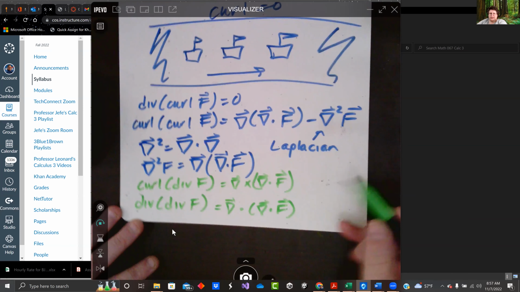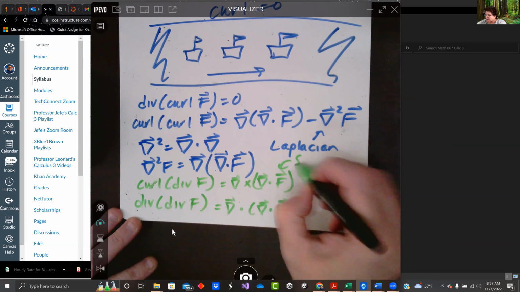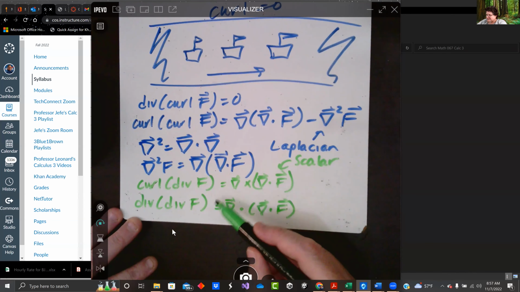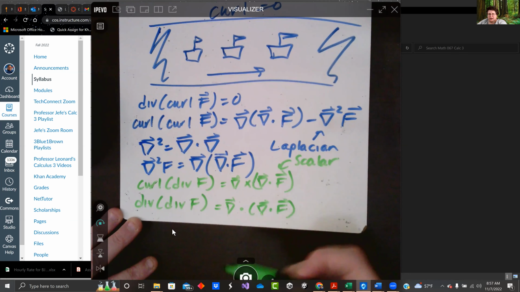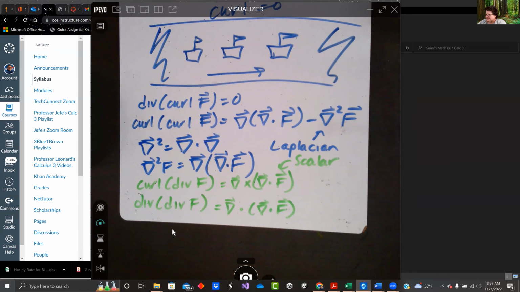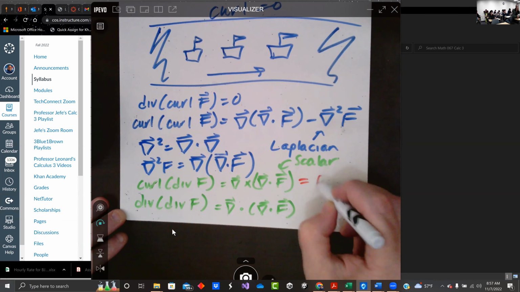Both of these operations, the divergence of f is a scalar. So if we try to take the curl of a scalar, it doesn't make sense because curls work on vectors. Same thing with the divergence. The divergence of a scalar doesn't mean anything. It's got no direction. So these two are senseless. They mean nothing.